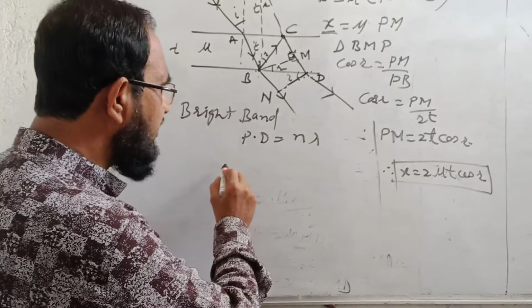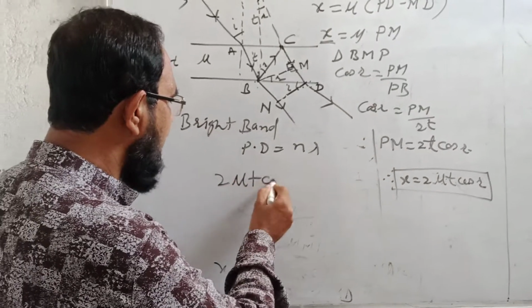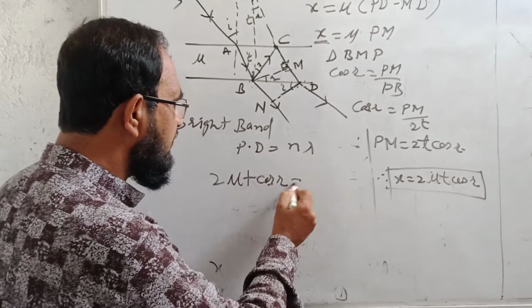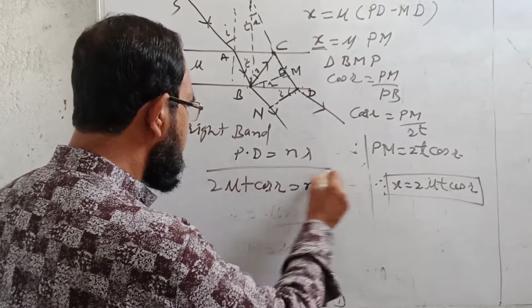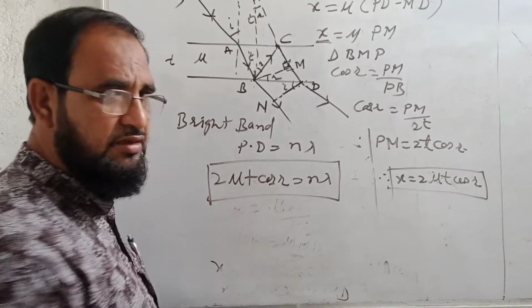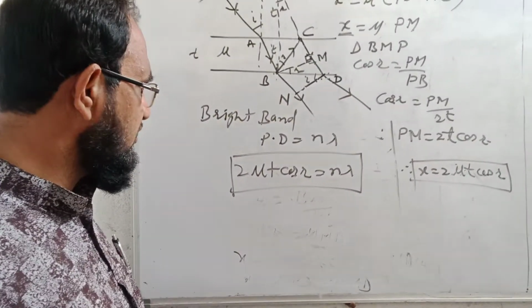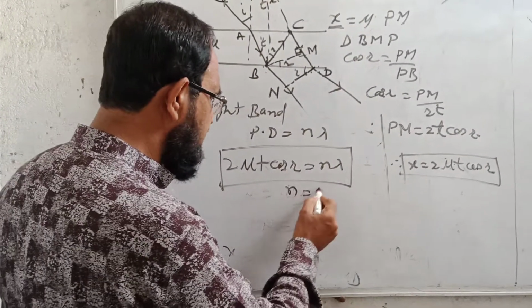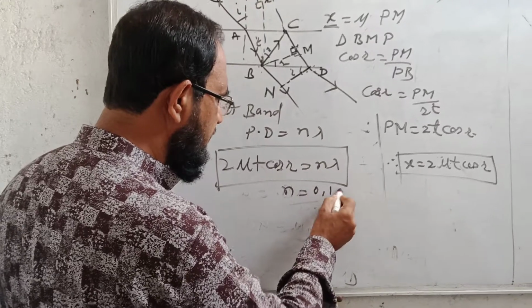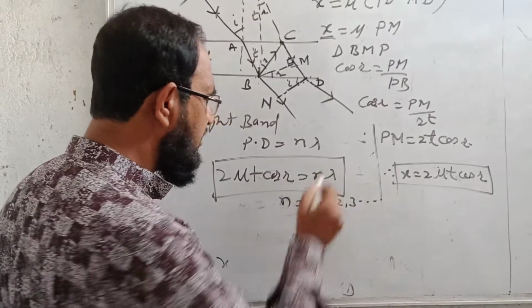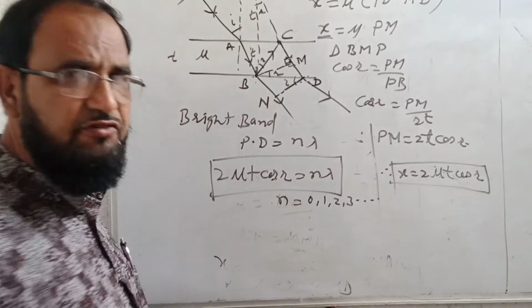So I will write here 2 mu t cos r is equal to n lambda. This is the condition for the point to be bright, where mu is the refractive index of the thin film, t is the thickness, n is any integer, 0, 1, 2, 3 and so on, lambda is the wavelength, and r is the angle of refraction.